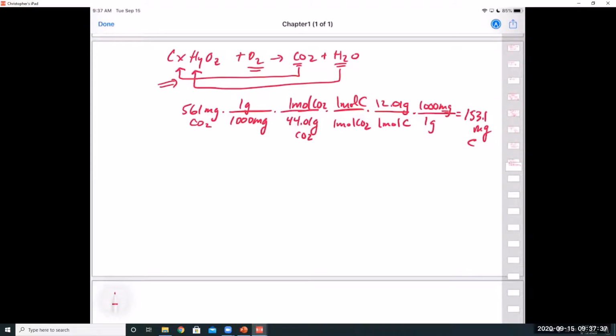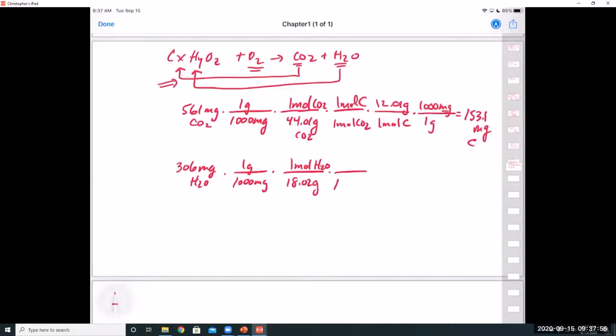So we have 306 milligrams of H2O. I'm going to write the line down quickly because I think we were getting this. In this case, the molecular weight is 18.02 grams for every 1 mole.